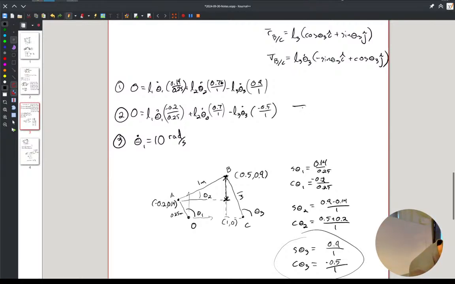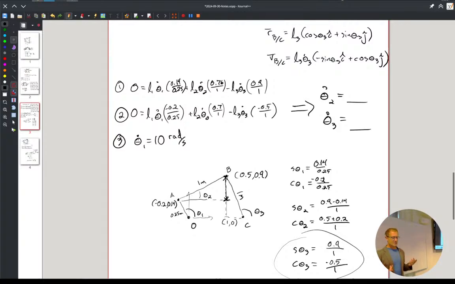So now, what are these 2 numbers? We need theta 2 dot and theta 3 dot. Can anyone say what they are? Yeah, it's revolution. It'll be measured in radians, but if you have 2 pi radians, that's 1 full rotation.